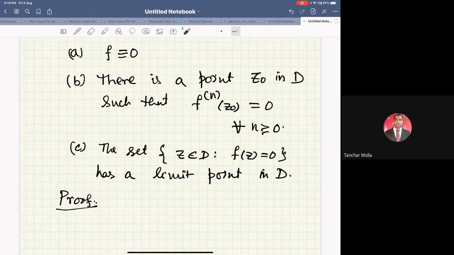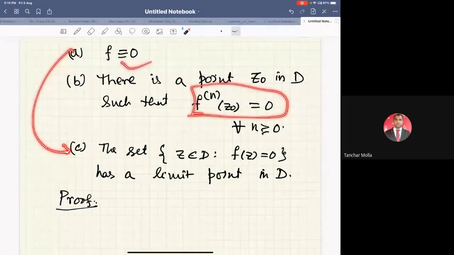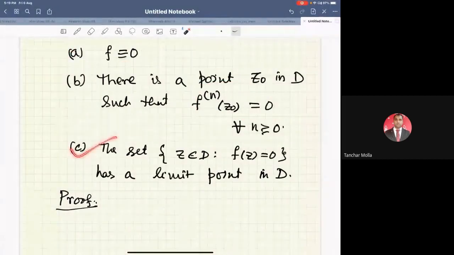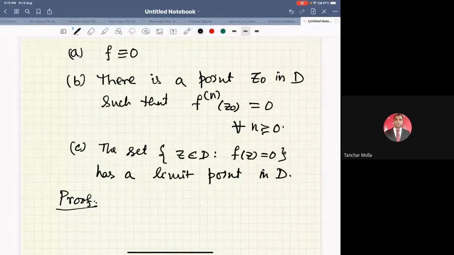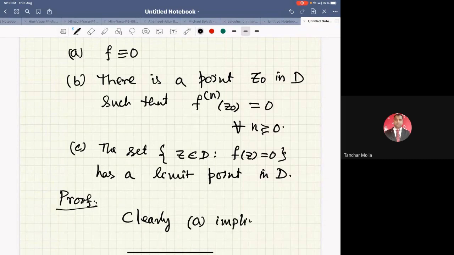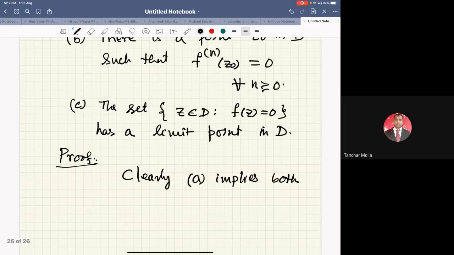Yes, sir. And A implies C is also clear. If f is identically zero, then this holds good. If A happens, then C happens. Therefore, this is a trivial case. Clearly, the condition A implies both B and C.